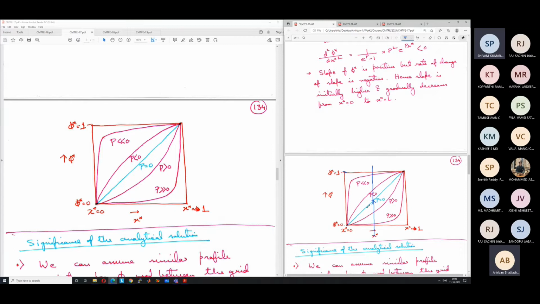The more the flow in the positive x direction, the more will be the effect of the upstream side, the direction from which flow is coming. So for example, at large flow, you can see that the value of phi at the interface is almost near the value of phi at x equal to 0.